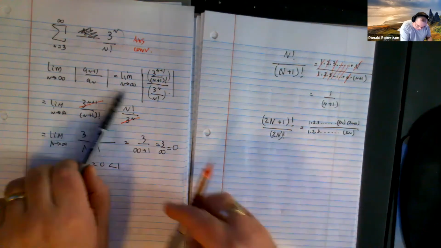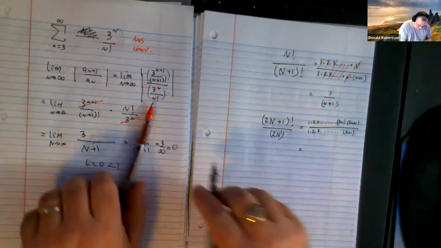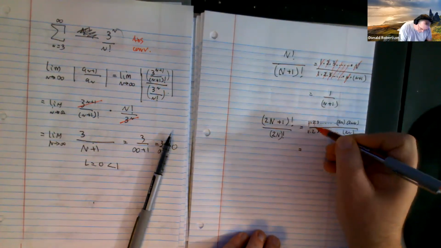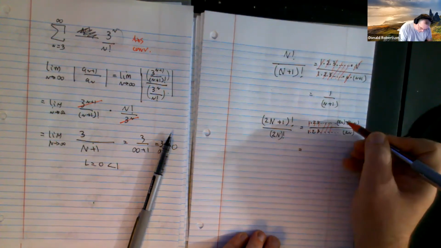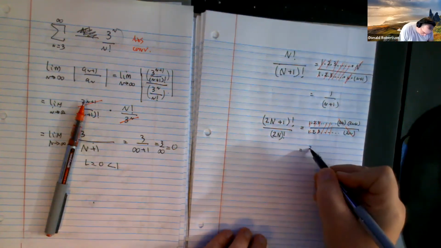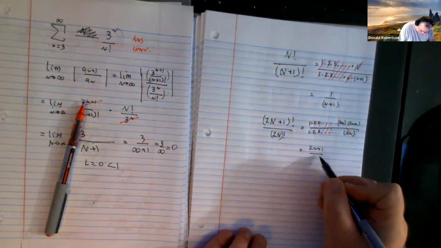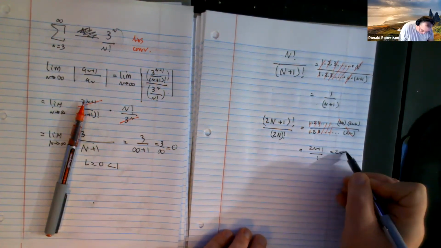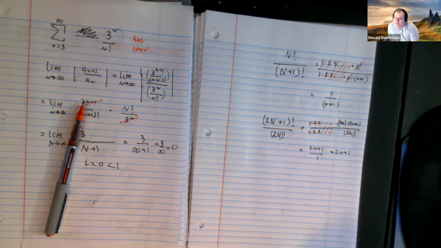Can you see how the cancelling is going to work this time? And 2n plus 1, technically over 1, but wouldn't that just be 2n plus 1? Are we good?